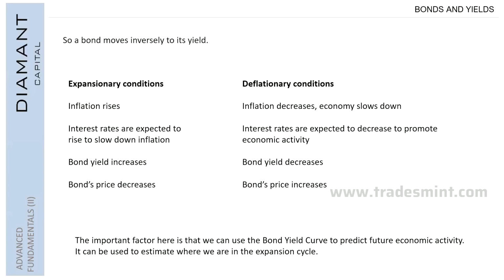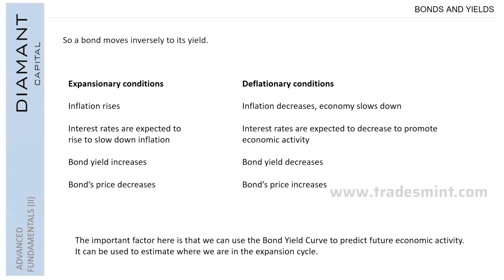Now, in contrast, for a deflationary condition, inflation decreases and the economy slows down. As a result, the Fed reduces interest rates to promote economic activity. Therefore, bond yield decreases because of the lower interest rates. And as a result, due to the inverse correlation, bond prices increase.